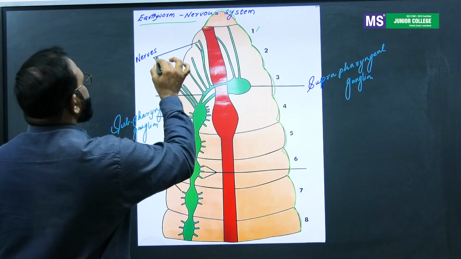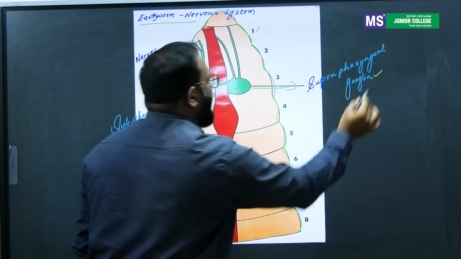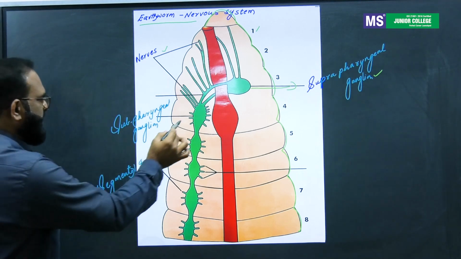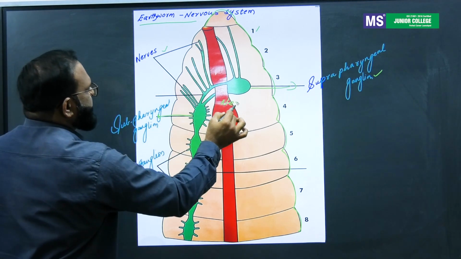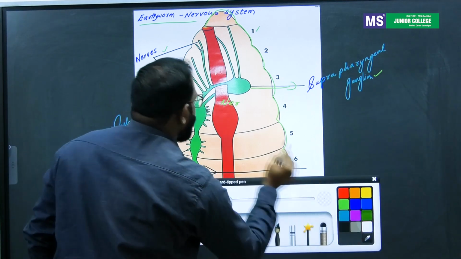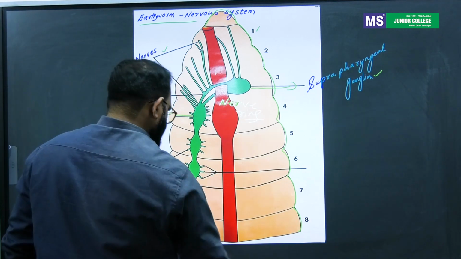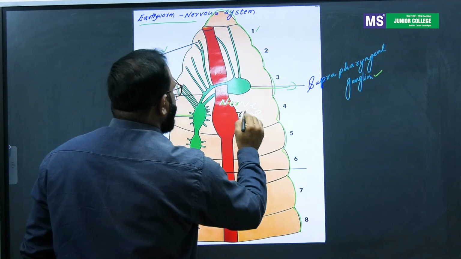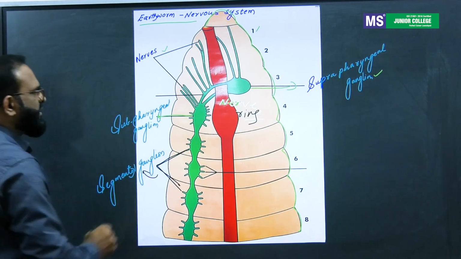So these are nerves, suprapharyngeal ganglion, subpharyngeal ganglion. Of course, this is the nerve ring, students. Nerve ring, and segmental ganglion.